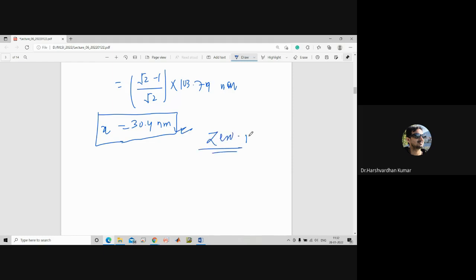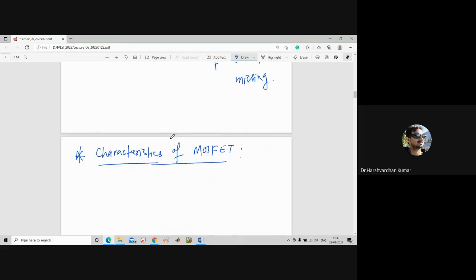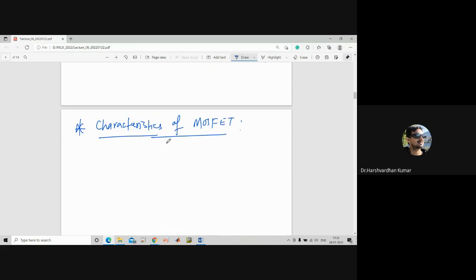So if the SI unit is missing, you get 0. Don't forget to mention the unit.